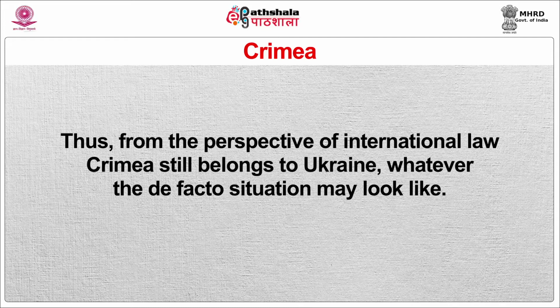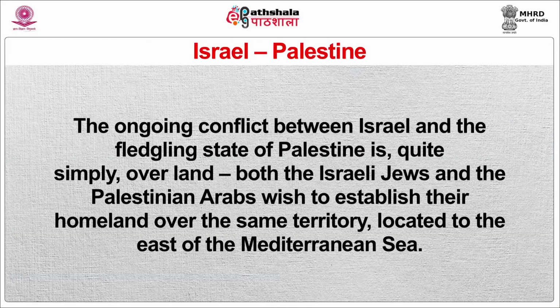We now come to part 2 of this paper study, that is the question of Israel-Palestine. The ongoing conflict between Israel and the fledgling state of Palestine is quite simply over land. Both the Israeli Jews and the Palestinian Arabs wish to establish their homeland over the same territory, located to the east of the Mediterranean Sea.